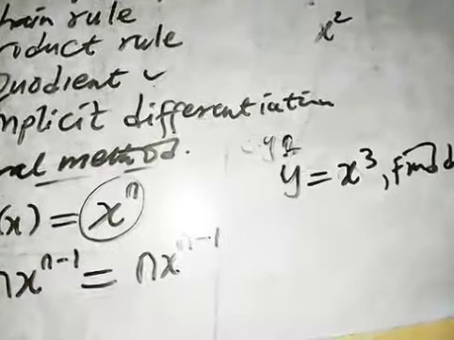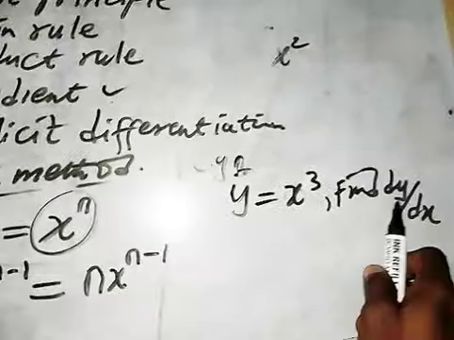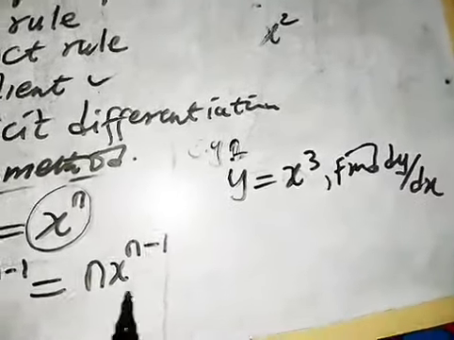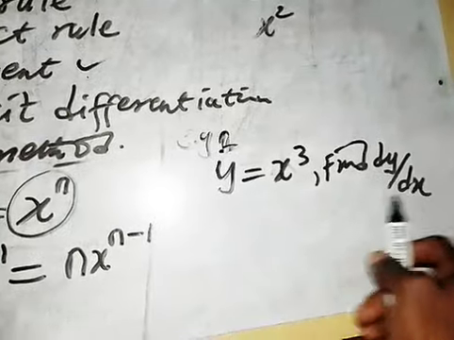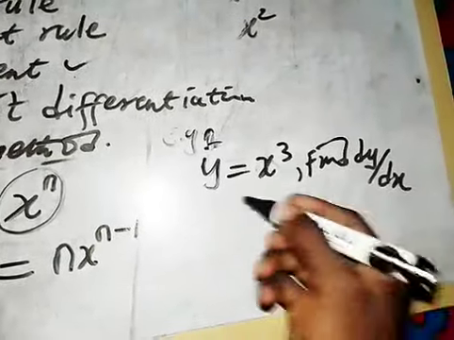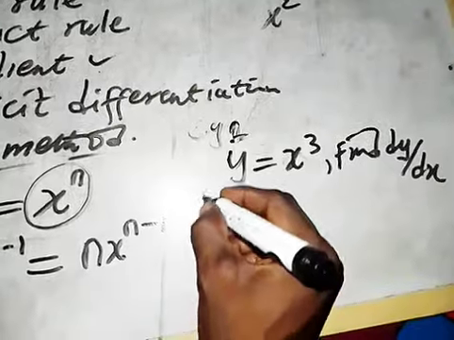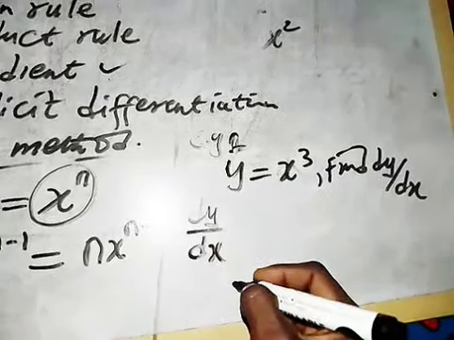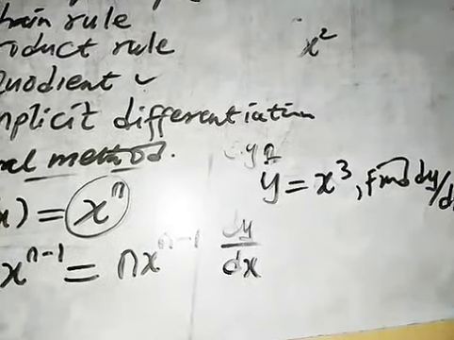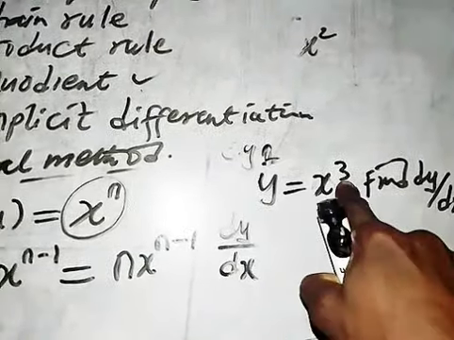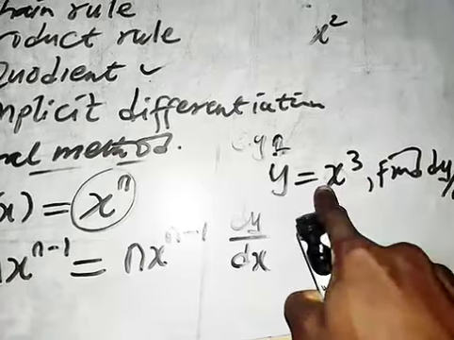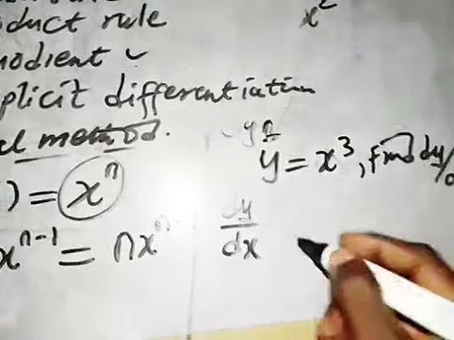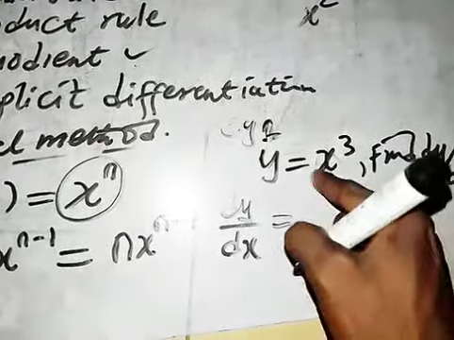Okay, now since they asked us to find dy/dx, we are going to replace y with dy/dx because they asked us to find this. So you don't have to put y again, you put dy/dx. Now remember that this 3 will come down here and multiply with 3x.